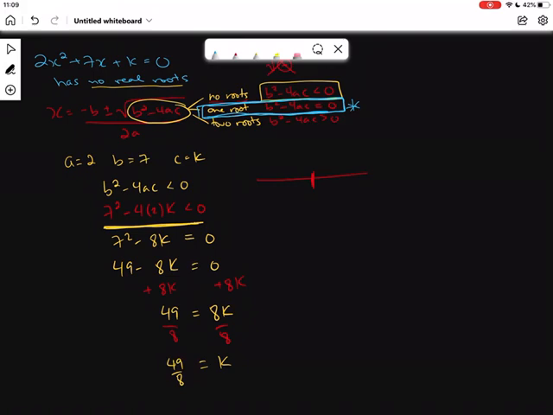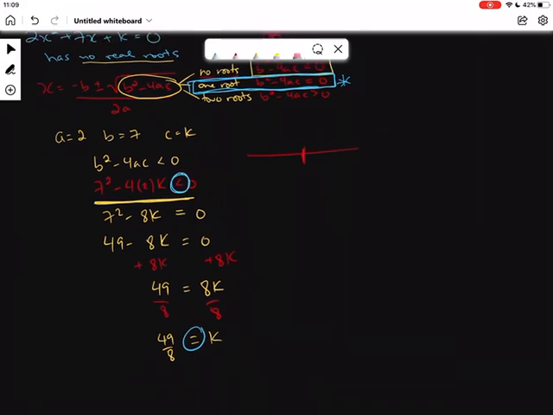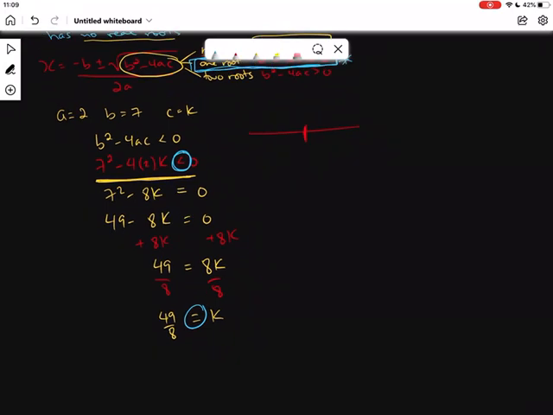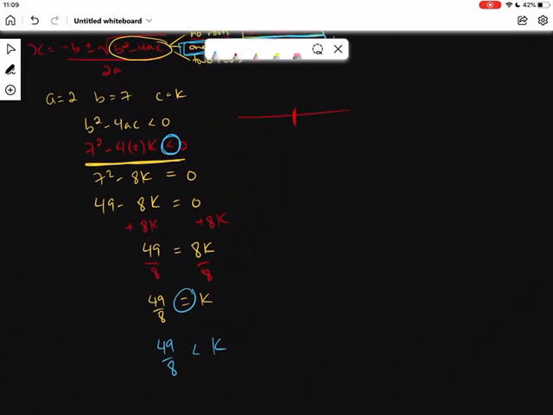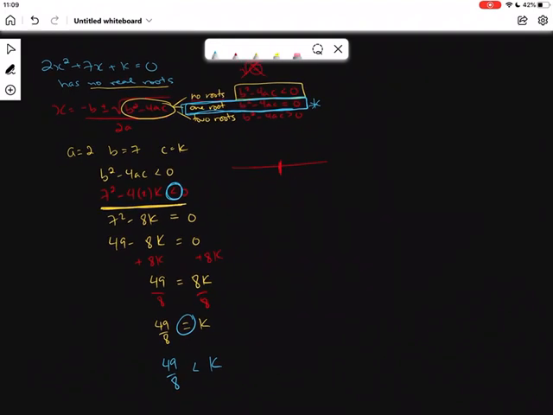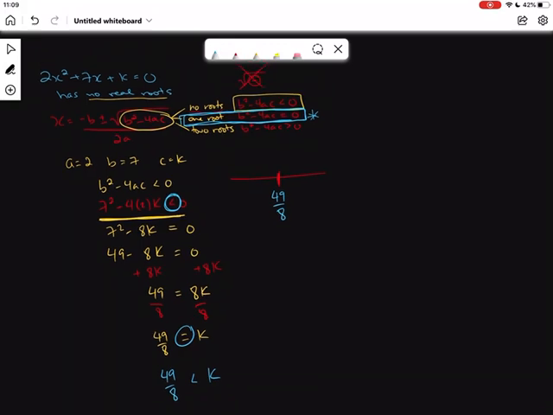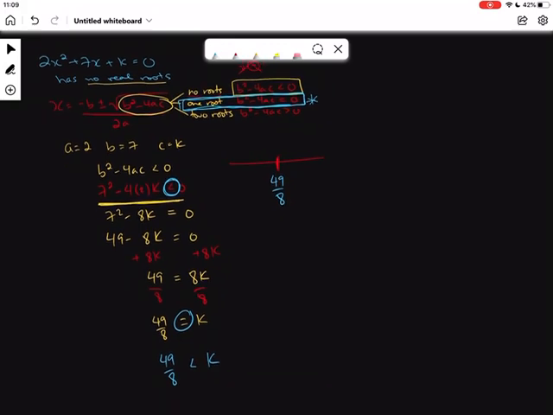So I want no solutions, which means that if I go back to the inequality that I started with, which was less than 0, it should look like this: 49 over 8 is less than k. Now that tells me that's my boundary. When k is equal to 49 over 8, my equation will have exactly one root.